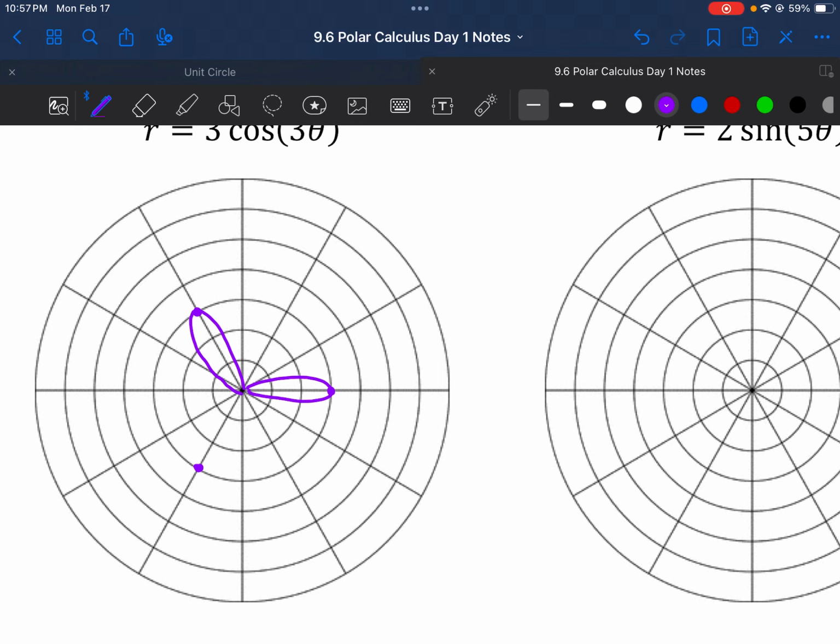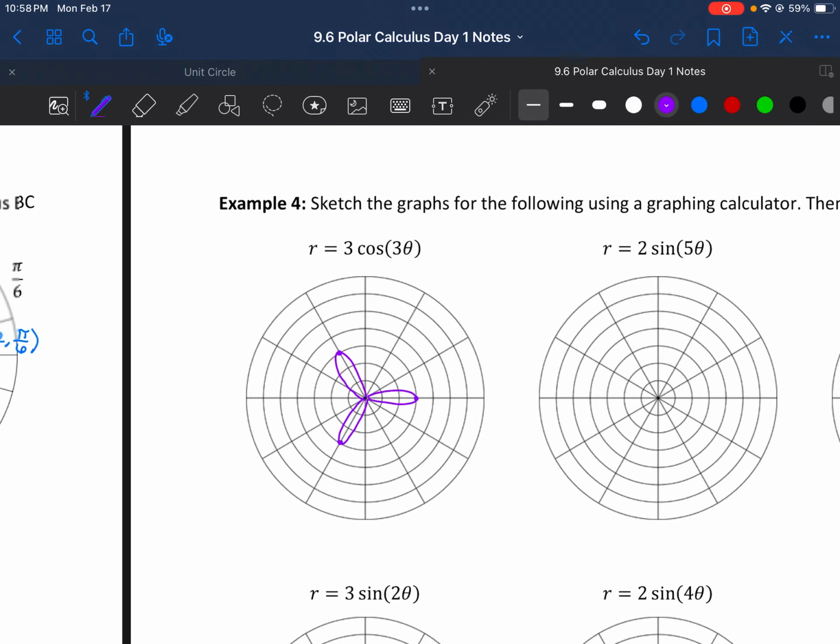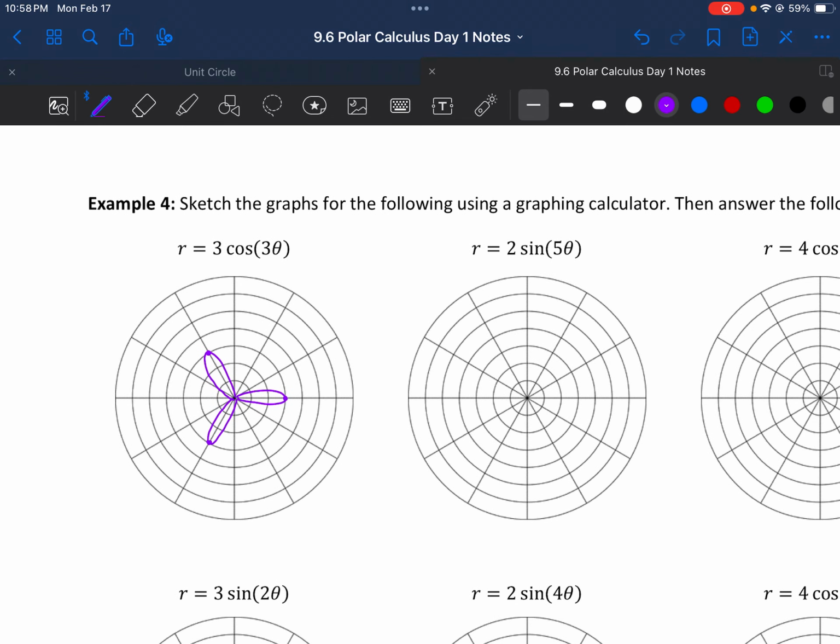And again, if you are using your TI-84, you even get to see the pathway that it takes. The pathway that I'm drawing is not the same as the pathway that it takes. All right, so we get something along those lines for this first one.